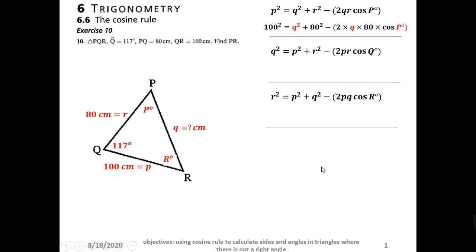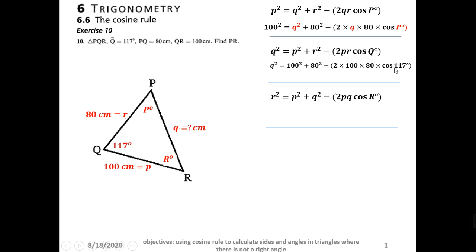Let's try to substitute in the second one. Q squared, which is my unknown side, is equal to, P is actually equal to 100, so 100 to the power of 2, plus R, which is equal to 80, plus 80 to the power of 2, minus, inside brackets, 2 times P, which is 100, times R, which is 80, times cosine of angle Q, which is given to me as 117.